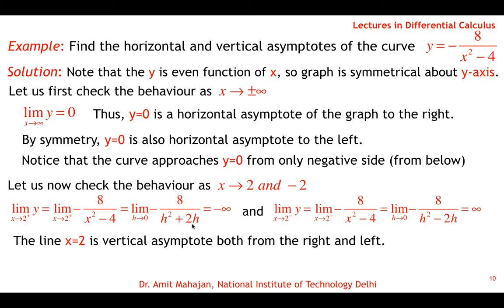Okay, so x is equal to 2 is the vertical asymptote from right as well as left, and x is equal to -2 is also a vertical asymptote from the left as well as from the right. So we have one horizontal asymptote y = 0, and we have two vertical asymptotes, x is equal to 2 and x is equal to -2.